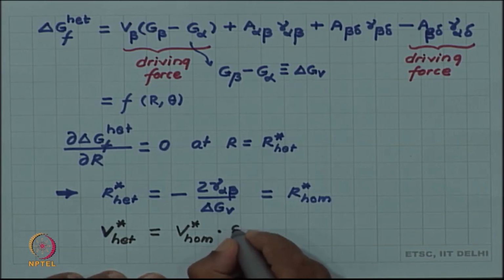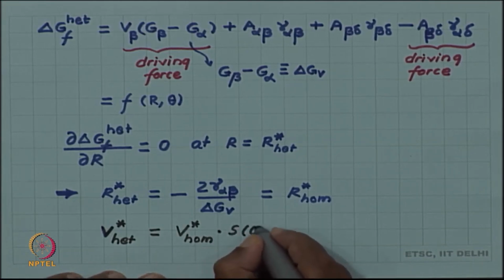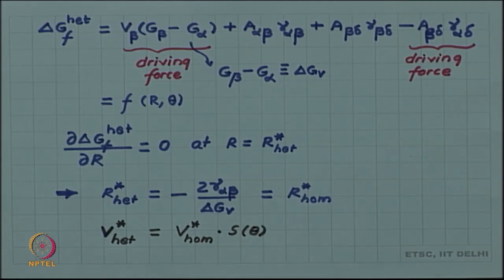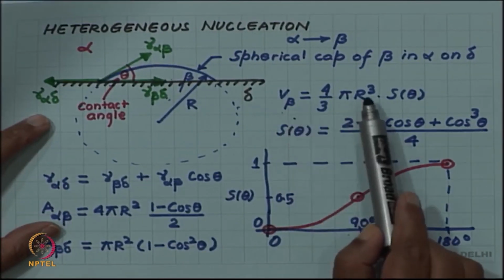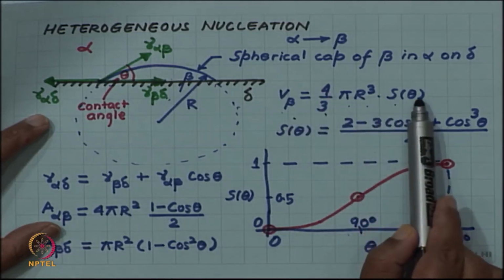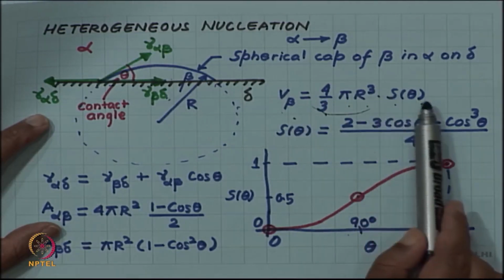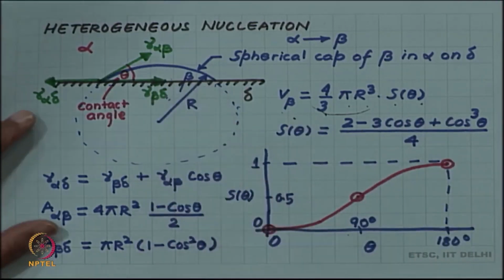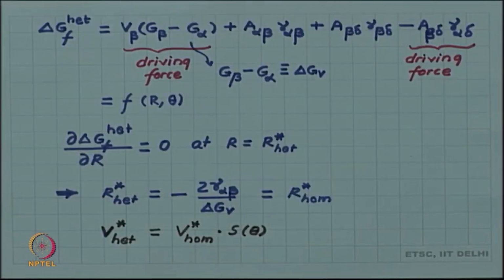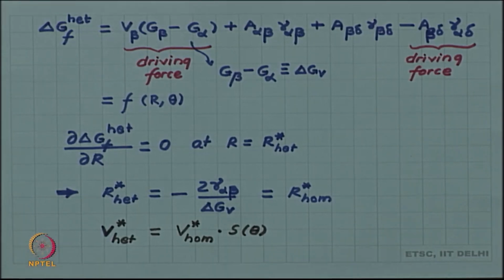It is different by the same factor S theta which we had derived, since obviously you have derived this expression, V beta is 4 by 3 pi r cube S theta. This was the volume of the entire sphere, and S theta was the factor by which the volume of the beta differed from the volume of a sphere. So, that same S theta will be true for the volume of the critical nucleus also.